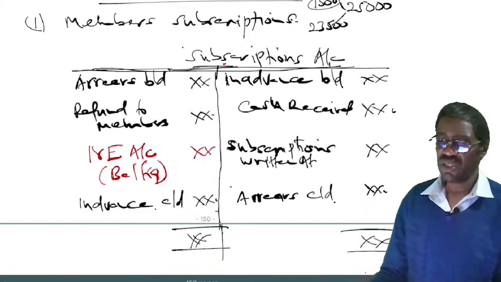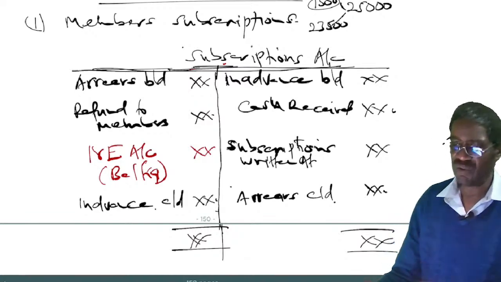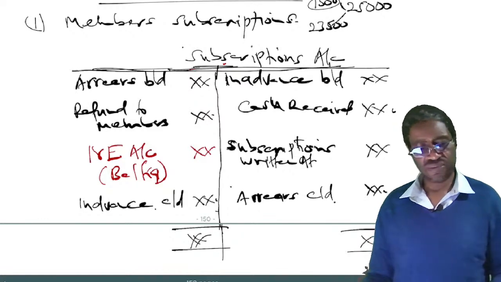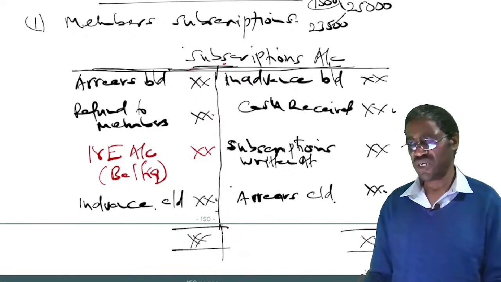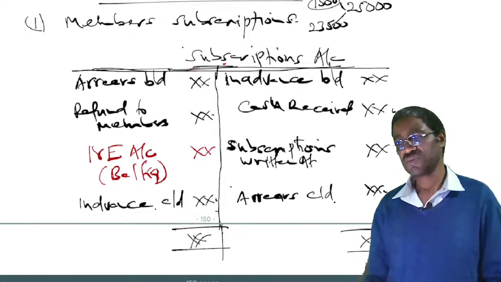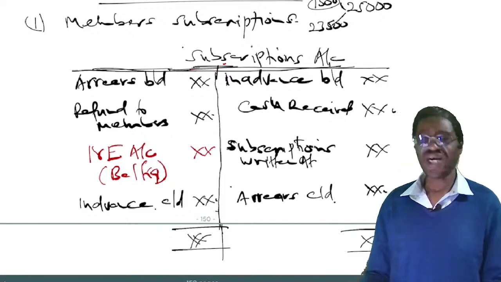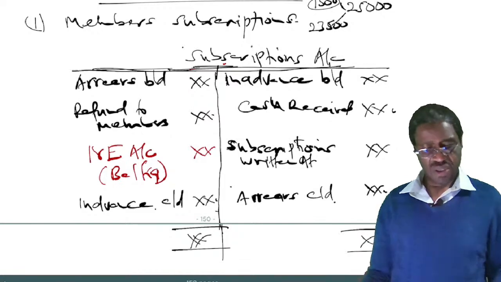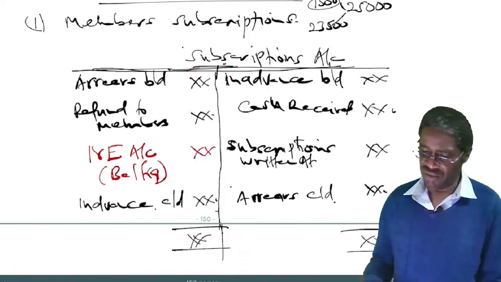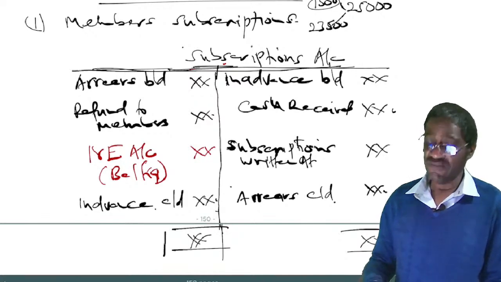Then you have arrears carried down. Good. That's one source of income. I want to discuss another source of income for non-profit making organizations now.